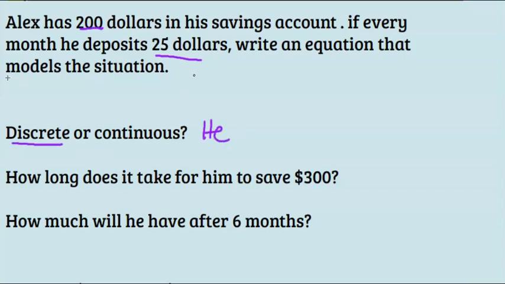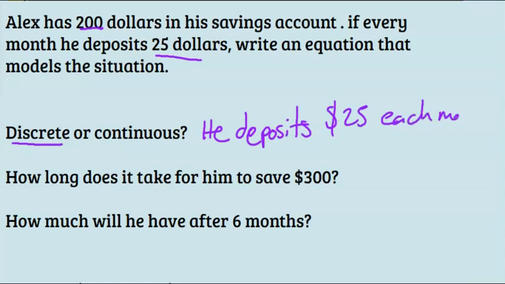He deposits exactly $25 each month. It's not a continuous thing there. It's 25 and then nothing, 25 and then nothing. It's monthly.